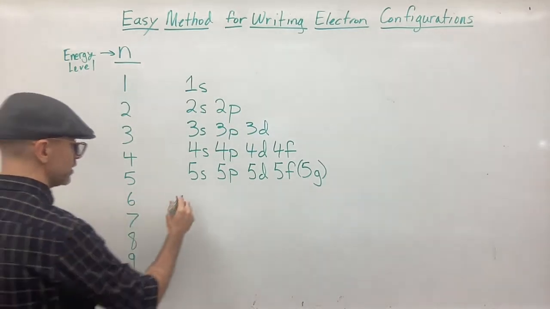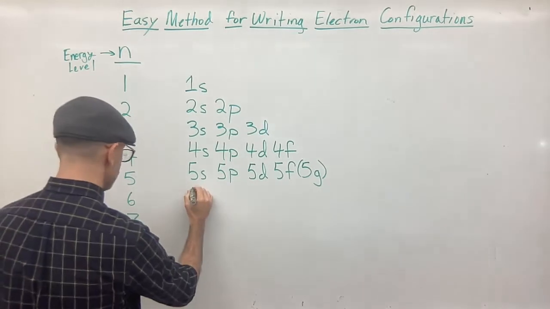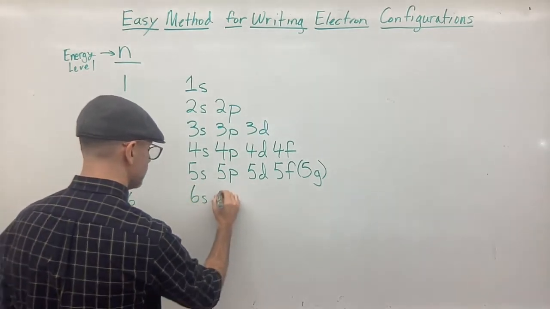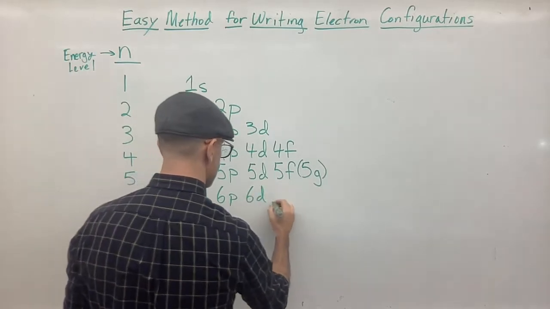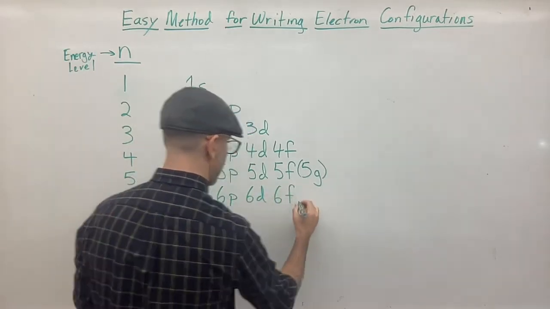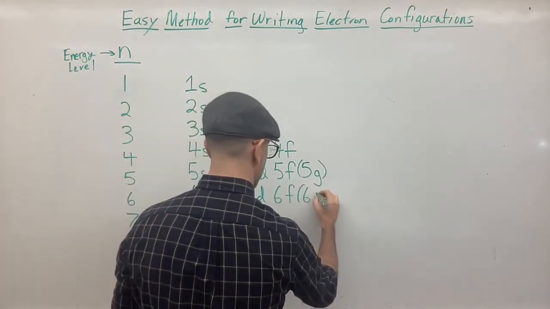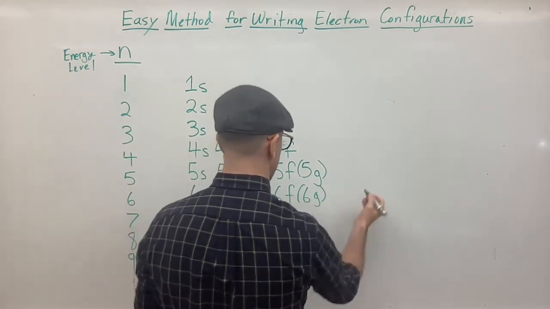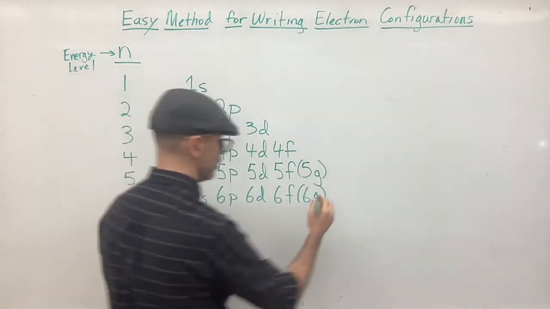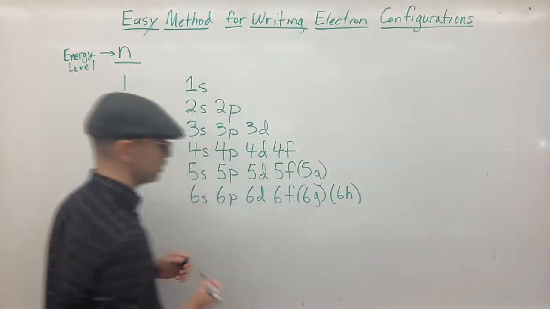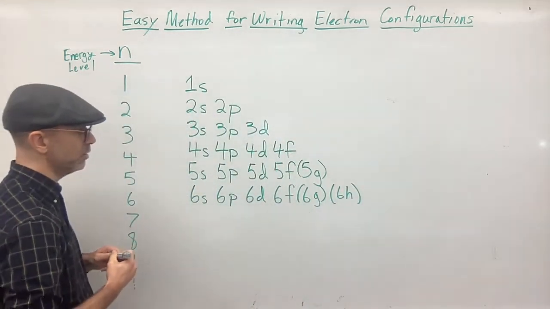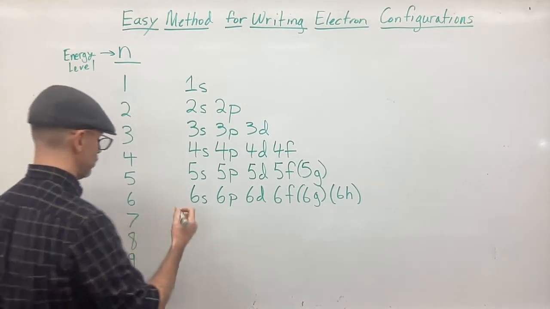So for 6, we would have 6 sublevels. So 6S, 6P, 6D, 6F. And then here we have 6G. And then after G is H. So we could have 6H after that. And we can continue with the 7.